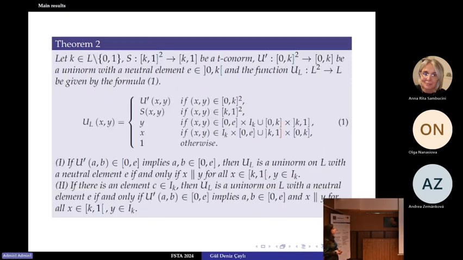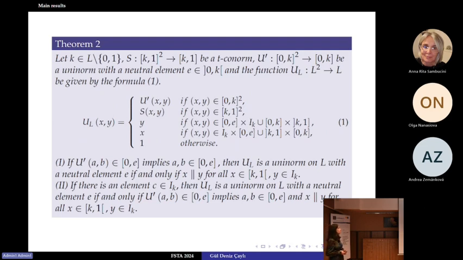Suppose that K is an element of L different from 0, 1, S is a T-conorm, U prime is a uninorm, and the operation UL is defined by formula 1. In that case, if U prime satisfies this condition, then UL is a uninorm if and only if this statement is provided.